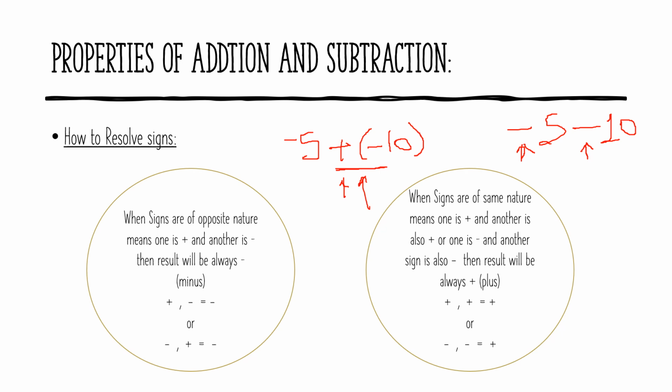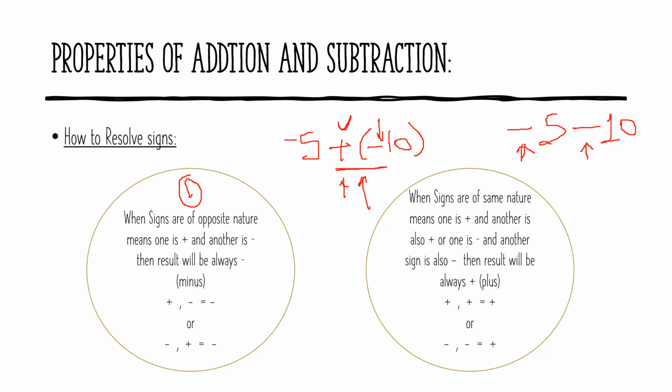So what is the rule to resolve the signs? The first rule mentioned here is that if the signs, plus or minus, are of opposite nature, then the result will always be minus. For example, one sign here is plus and another sign here is minus, so both signs are of opposite nature.